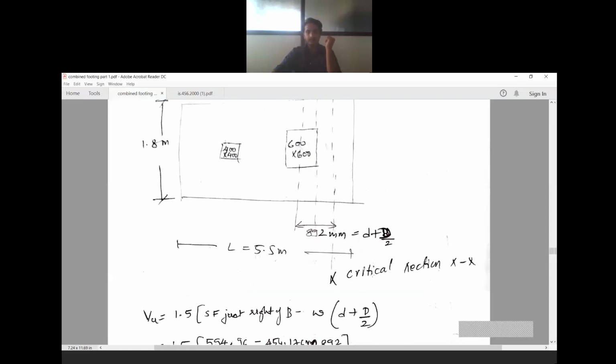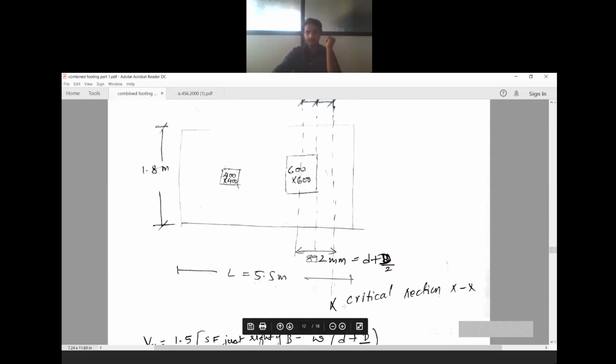I have to calculate the shear force at the critical section.